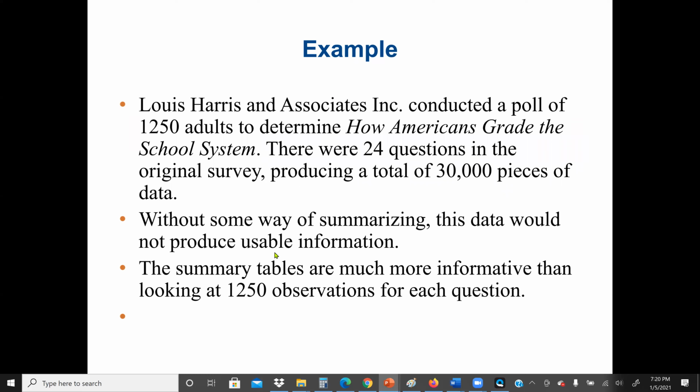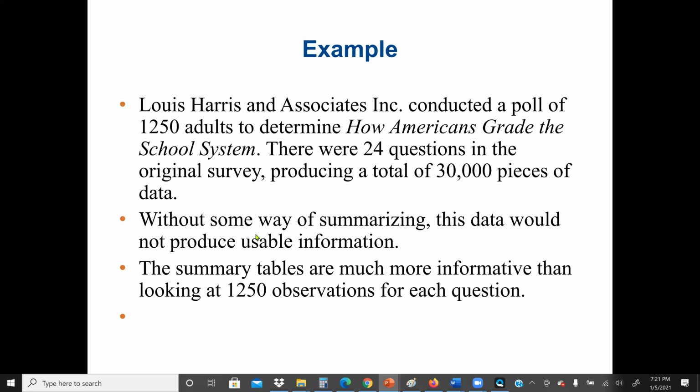So an example is given here. Here we say Lewis Harris and Associates Incorporated conducted a poll of 1,250 adults to determine how Americans grade the school system. There were 24 questions in the original survey, producing a total of 30,000 pieces of data.